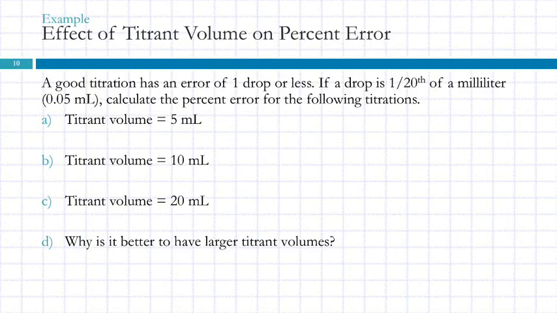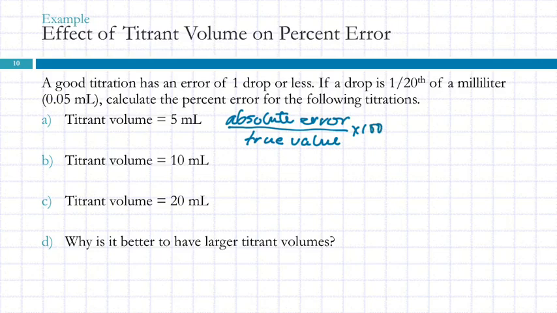So that would normally take the form of looking at the absolute error divided by the true value, and there's lots of different words you can use, times 100 to make it a percent. Absolute error is typically your measured value minus the true value, and then you divide it by the true value.